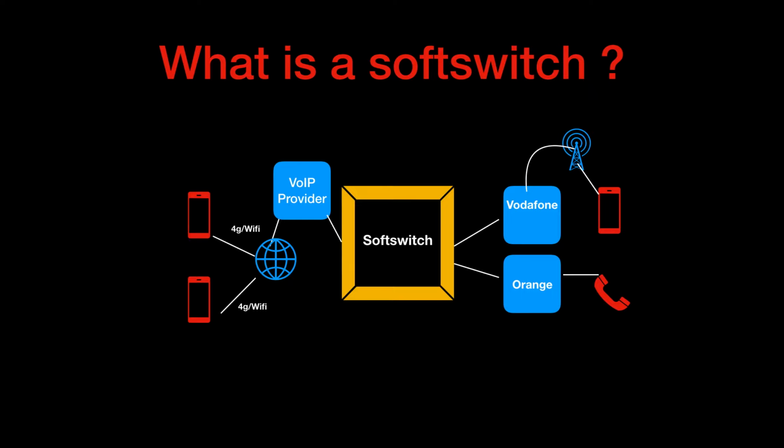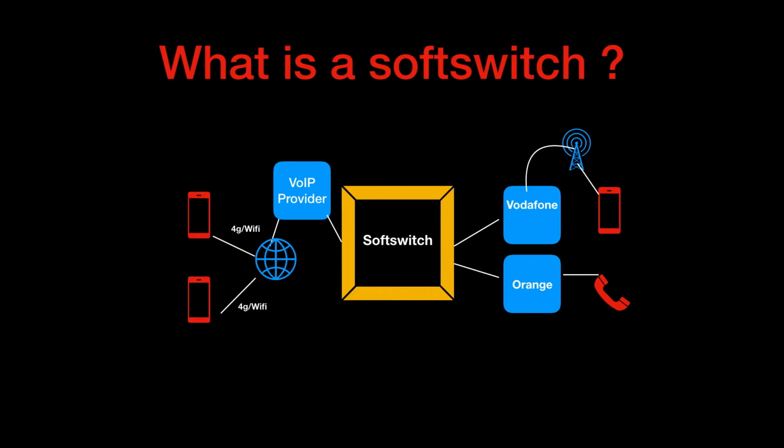So that's an example of making an outbound call and terminating it into a regular phone number, and vice versa, calling from a PSTN number or from a fixed line number to a mobile app. That's pretty much all you need to know about what a soft switch does.